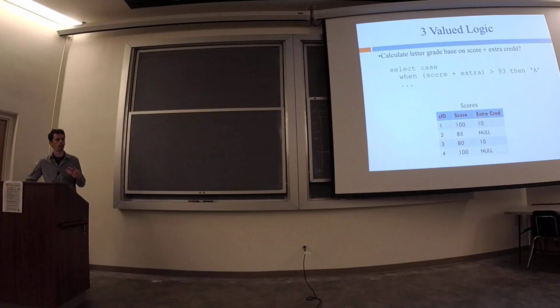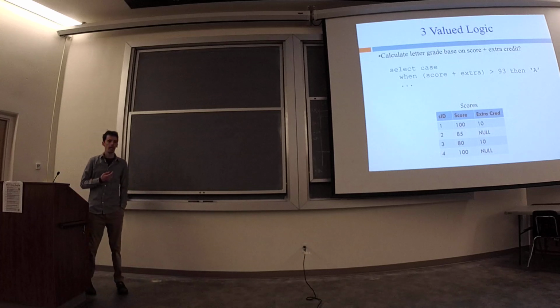So instead of a letter grade, this is their total weighted course score. Whoever designed this database decided to represent the extra credit portion of the score in another column. And instead of using 0, they use null, meaning that person didn't do the extra credit.